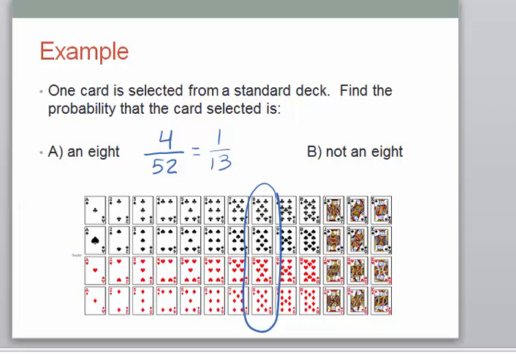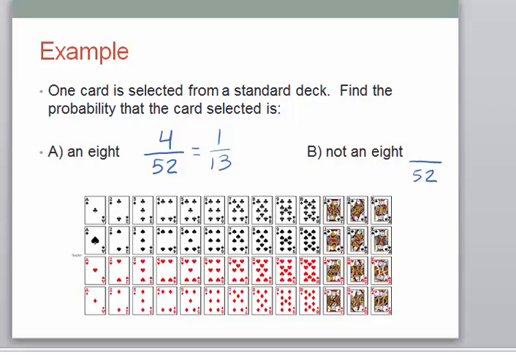Part B asks us to find the probability that the card we draw is not an 8. And so again, the denominator of our fraction will be 52 because there are 52 cards in the deck. For the numerator, we must consider how many of those cards are not 8s.